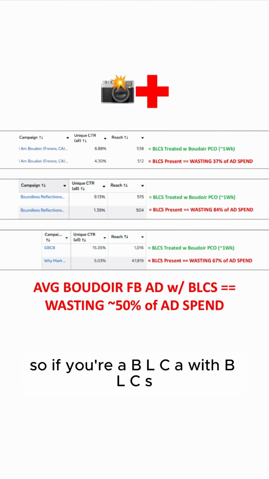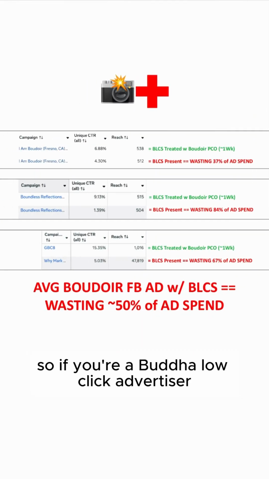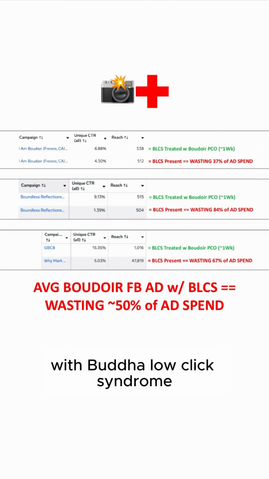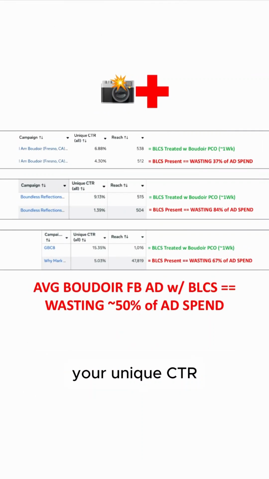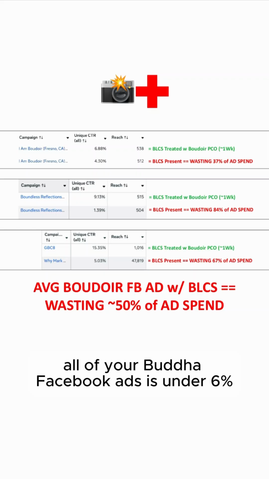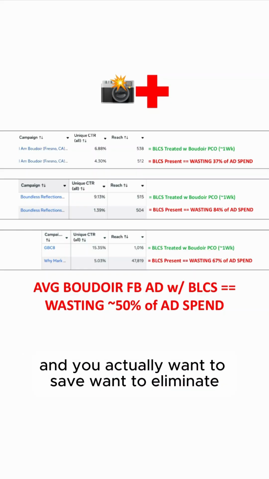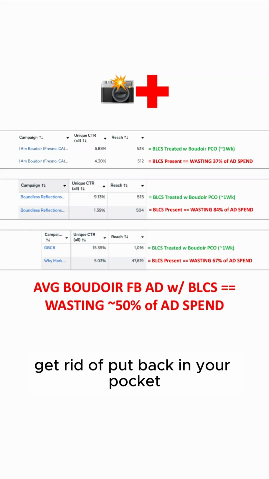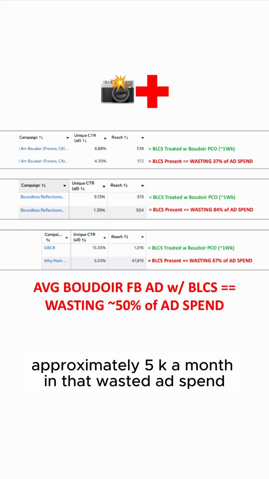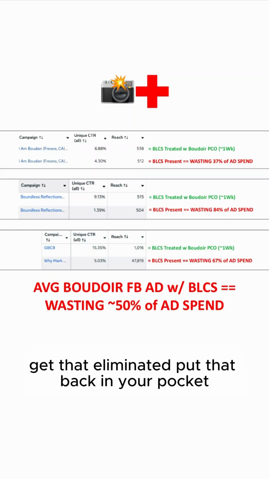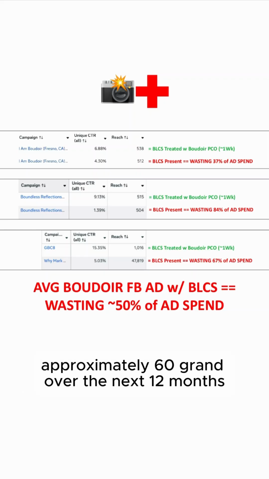So if you're a BLCA with BLCS, so if you're a boudoir low click advertiser with boudoir low click syndrome, your unique CTR of your boudoir Facebook ads is under 6%, and you're spending more than 10 grand a month on boudoir Facebook ads, and you actually want to eliminate, get rid of, and put back in your pocket approximately 5K a month in that wasted ad spend, approximately 60 grand over the next 12 months.